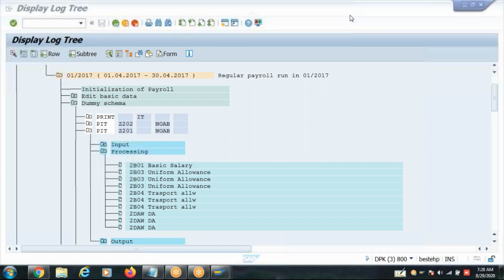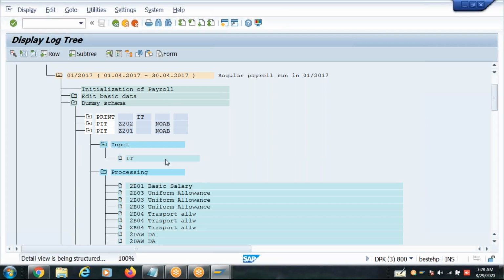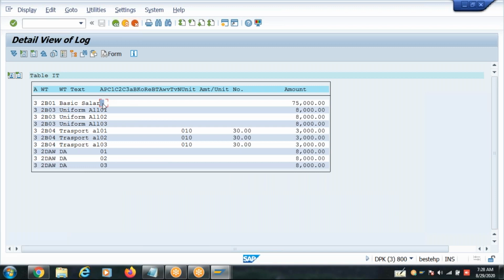Which entry, which WBBP value does it query? My 2B01 does not have an indicator. If it has an indicator, it goes to the respective entry and picks the right personal area. Now it doesn't have an entry. Which value does it pick?